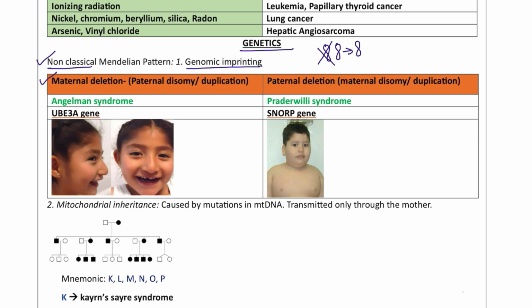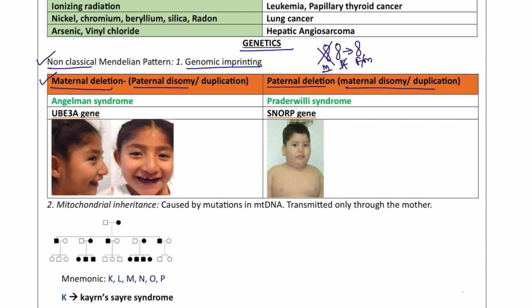If the mother's is absent, then the father's will be duplicated. If the father's is absent, then the mother's will be duplicated. This is what happens in genomic imprinting. So a maternal deletion means a paternal duplication, and a paternal deletion means a maternal duplication.